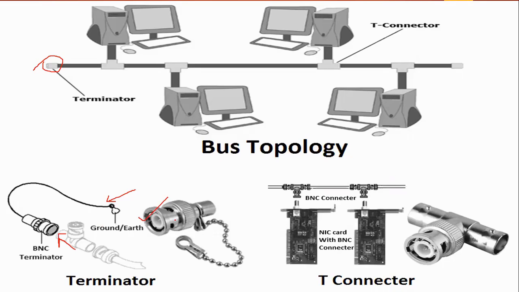It is used to stop the signals. See here, it is shown NIC card. This is your NIC card, which is inside the CPU, and using a cable, like coaxial cable, we can connect this NIC card with this bus. Here the connection can be done using coaxial cable. Again, this is a T connector.